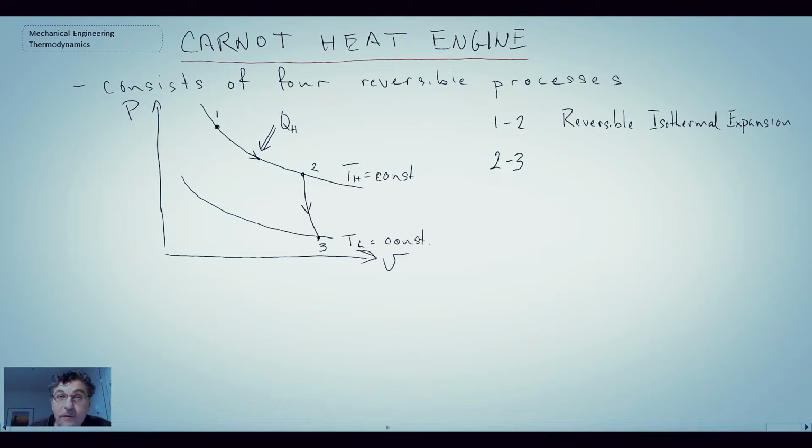That is reversible adiabatic expansion. So remember, adiabatic means that there is no heat transfer. And if there is no heat transfer while you're expanding a gas, the gas is going to get cooler, and that's why we drop down to the lower temperature.